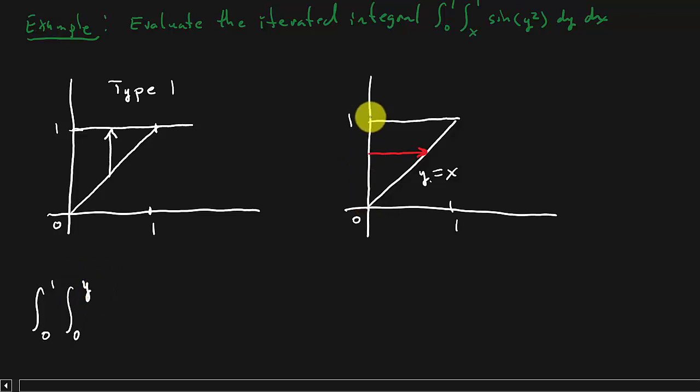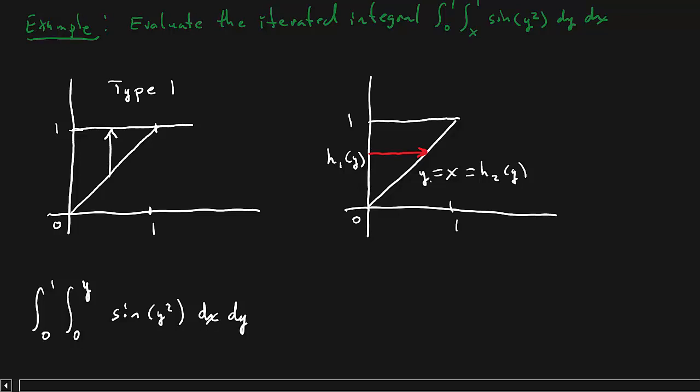This line is my h1 of y, and this line is my h2 of y. Remember the type 2 functions. And that's going to be sine y squared dx dy.